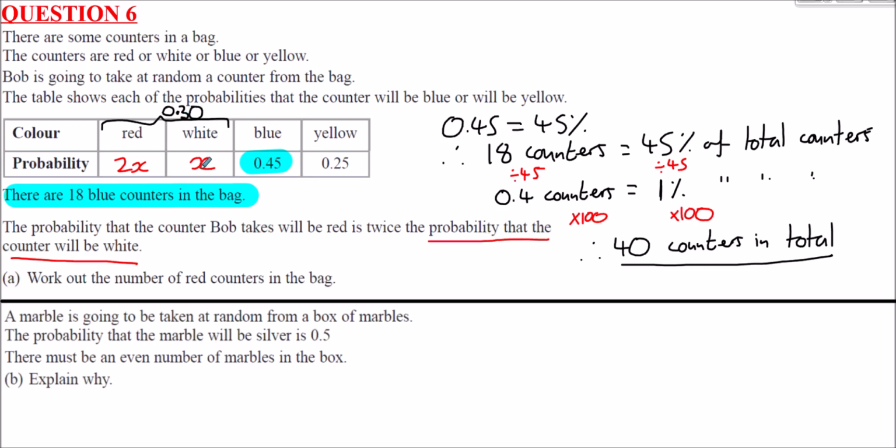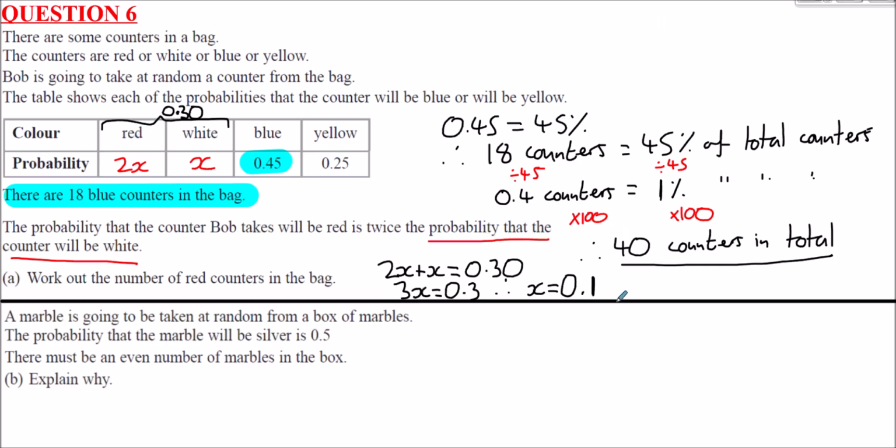So 2x plus x equals 0.30. In other words, 3x is 0.3, so therefore x equals 0.1.